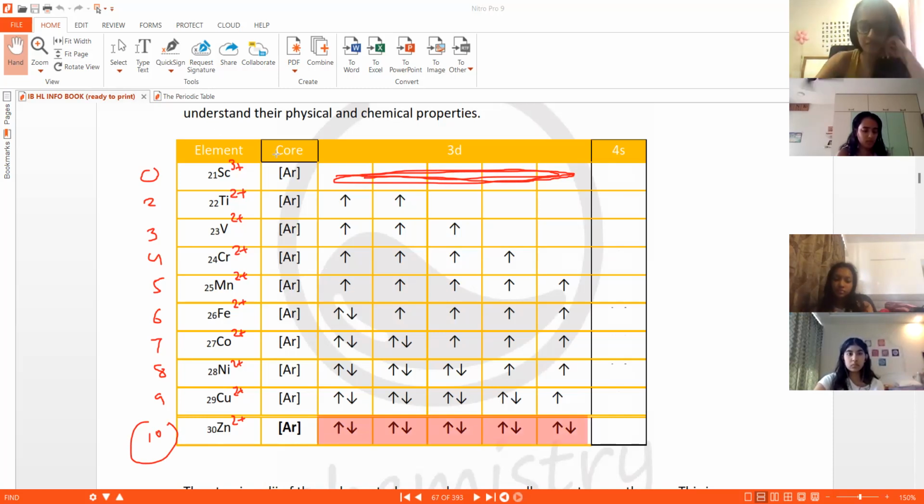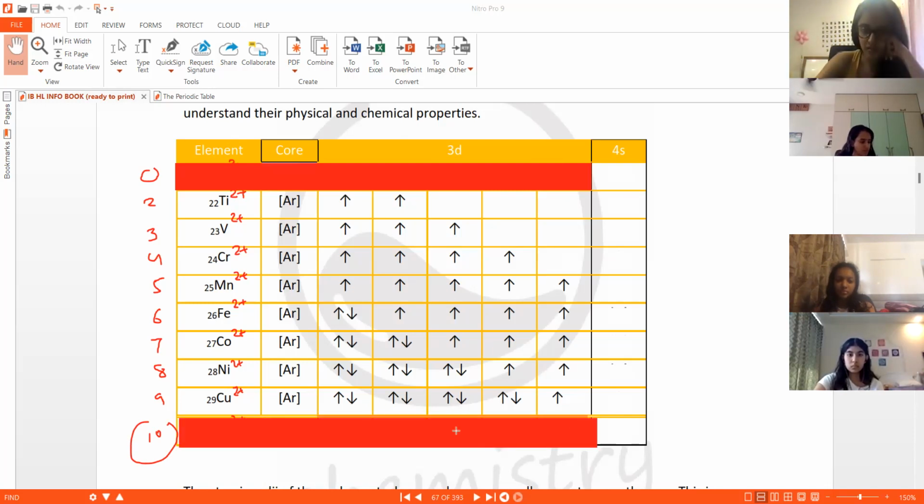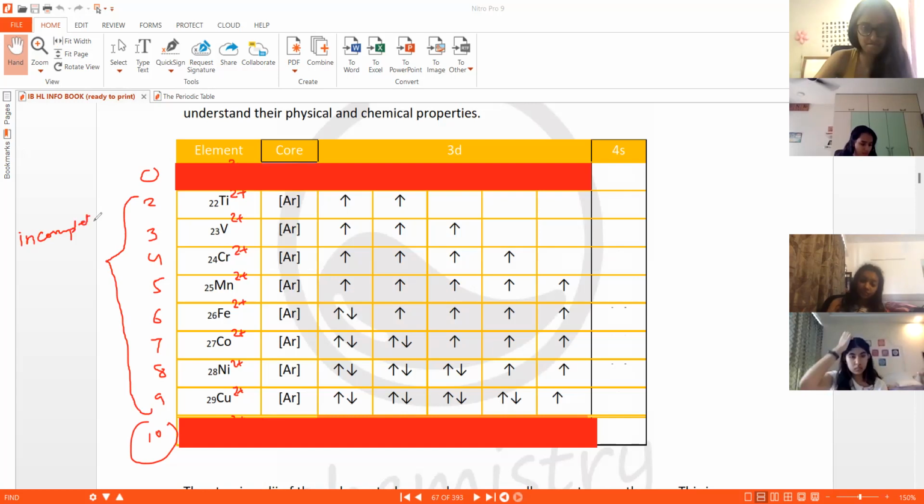So if I exclude the empty one and the full one, this is empty and this is full, the remaining ones have an incompletely filled d orbital.